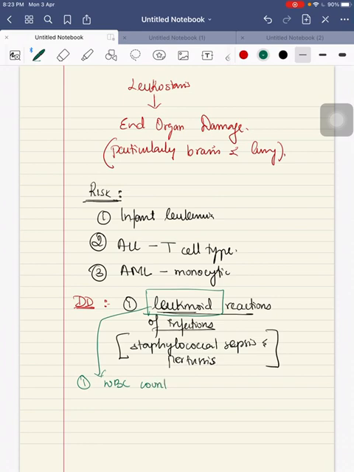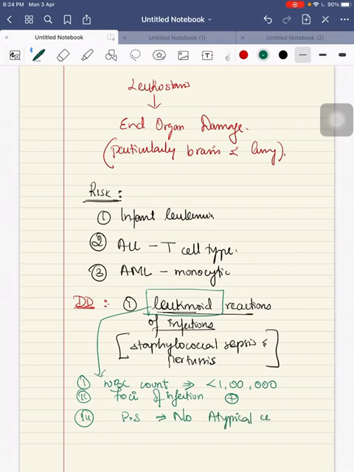So the points in favor of leukemoid reactions are, in this you have a WBC count less than 1 lakh. Second, a focus of infection will be present.